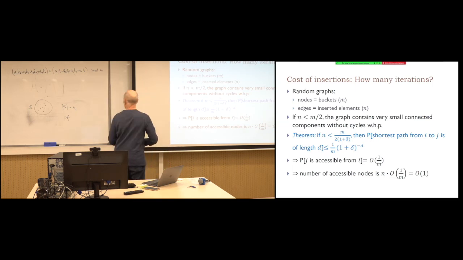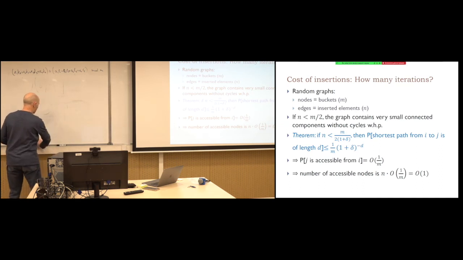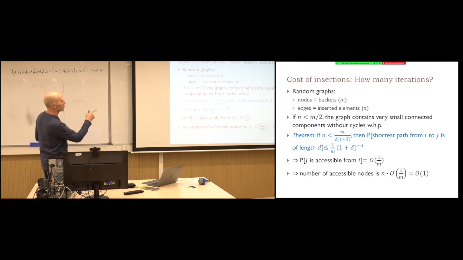This means that if we have a random graph with few edges, then we start with some node. I don't want to mix up notation, because n is here the number of edges and m is the number of nodes, but usually it's the other way around, so I will stay with this notation.